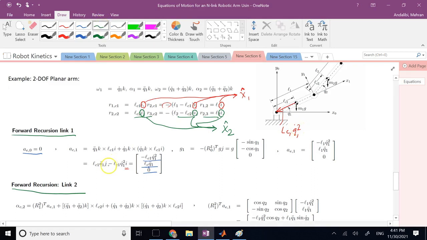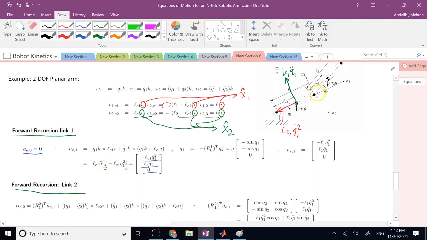And the other term is positive J, and that's LC1 Q1 double dot. So it looks like this. So LC1 Q1 double dot is the tangential acceleration, and LC1 Q1 dot squared is the centripetal or normal acceleration. So definitely, it absolutely makes sense as long as you know what is I, what is J.